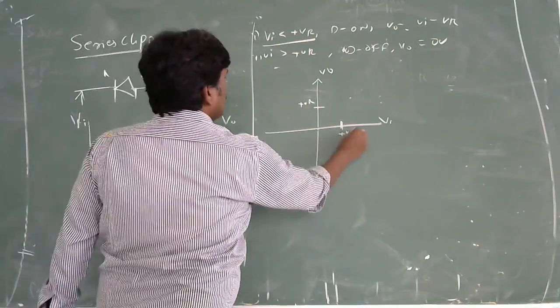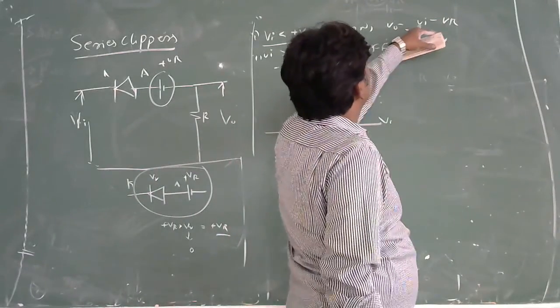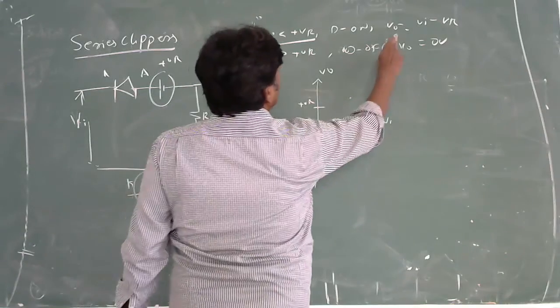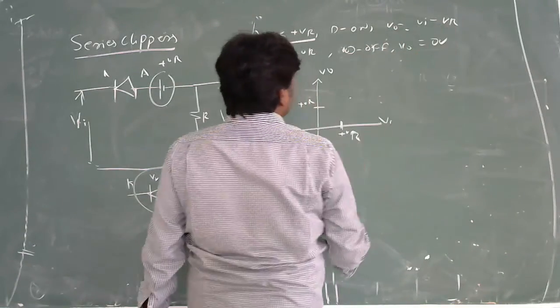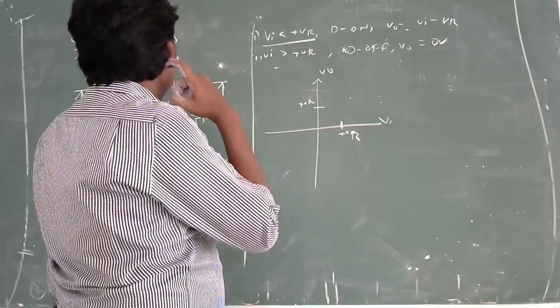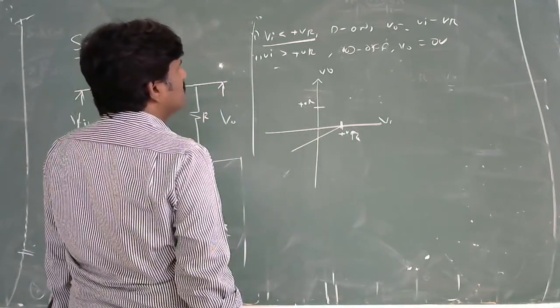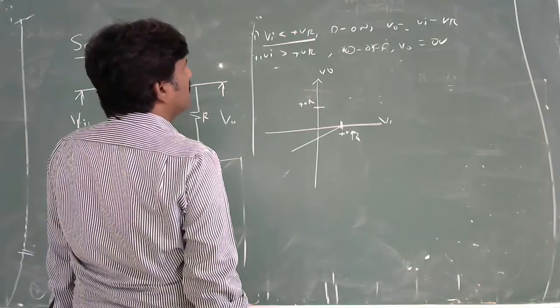When VI is less than VR, what is V naught? VI minus VR. How can you show this? From here to here, V naught is equal to VI minus VR, because the input voltage is subtracted by VR.